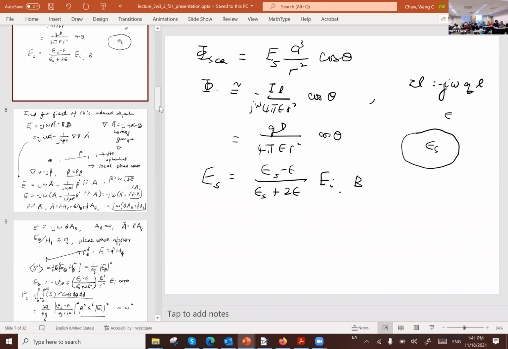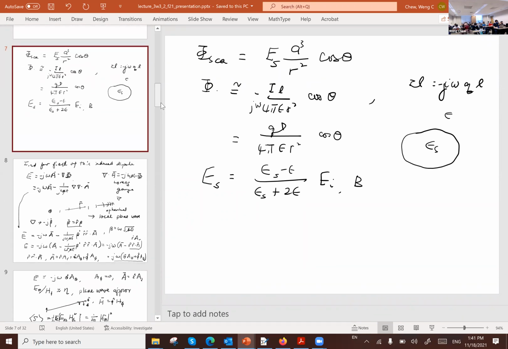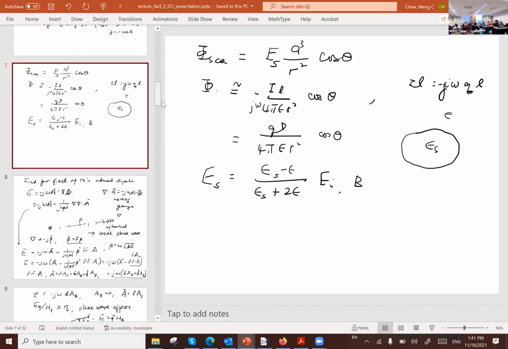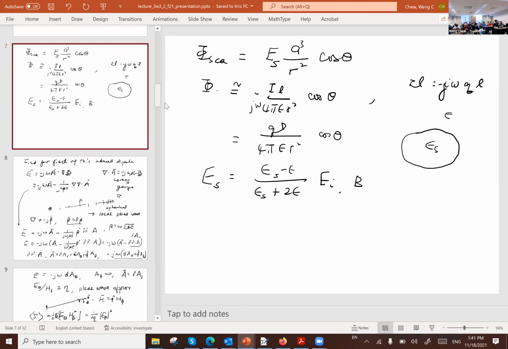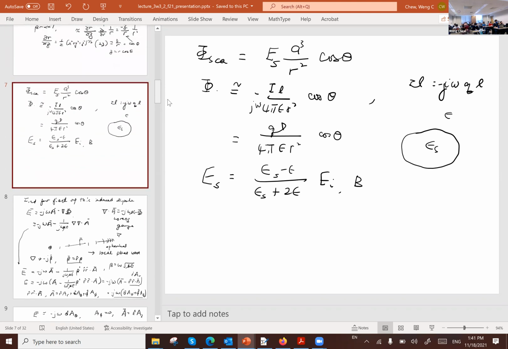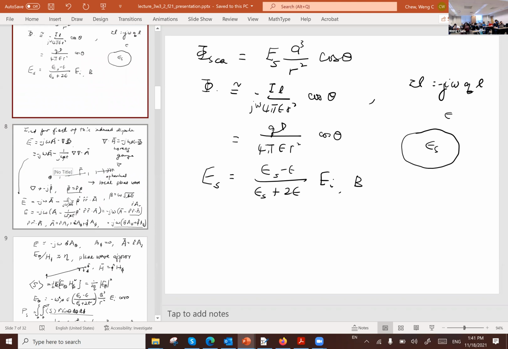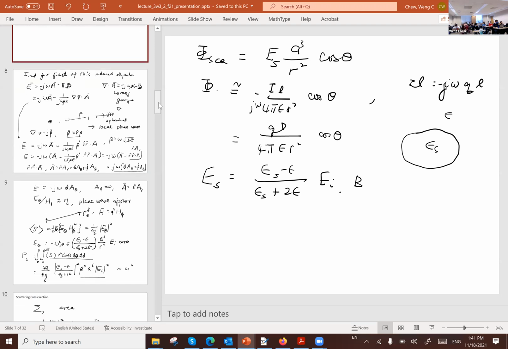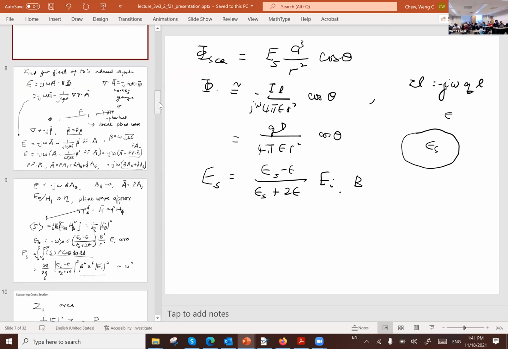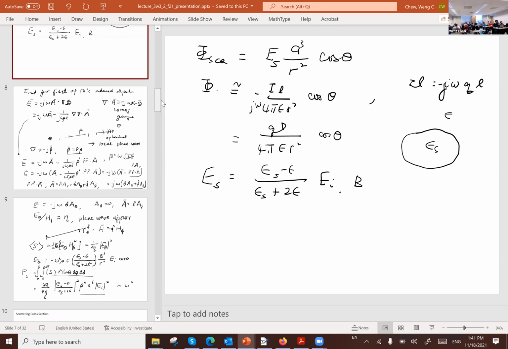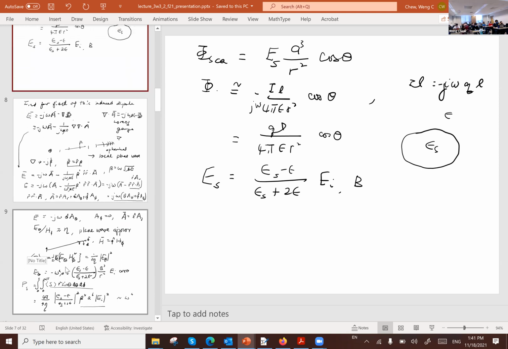Let me see if it makes sense to say that here. I'm trying to see if you can find a quick way to explain why omega squared here.